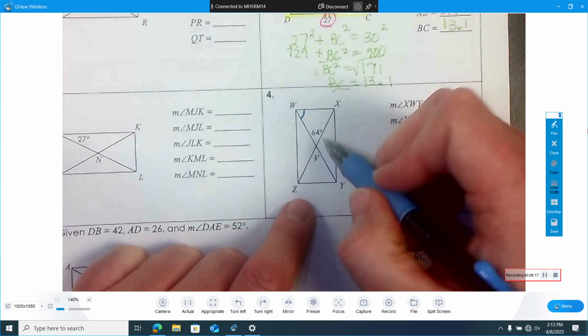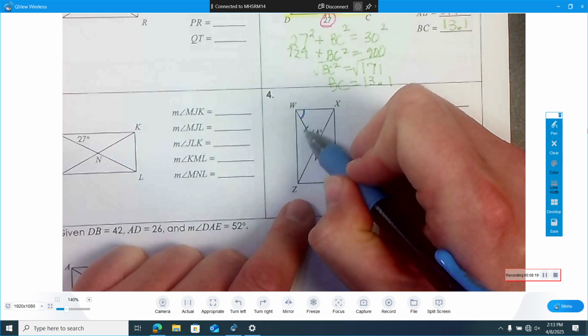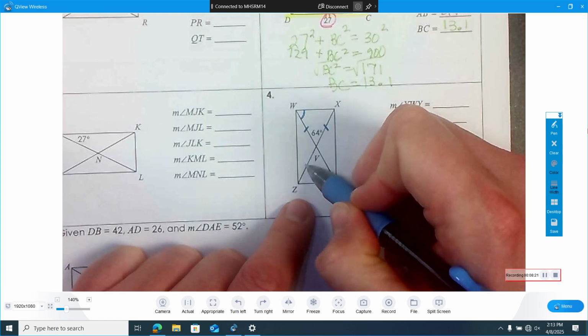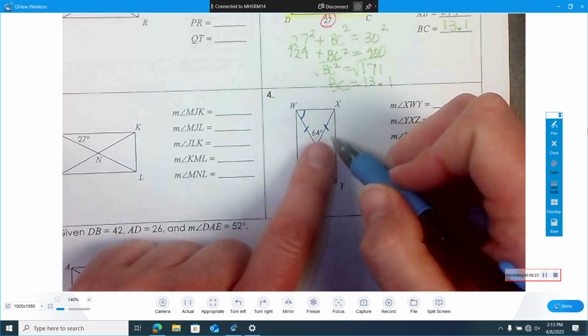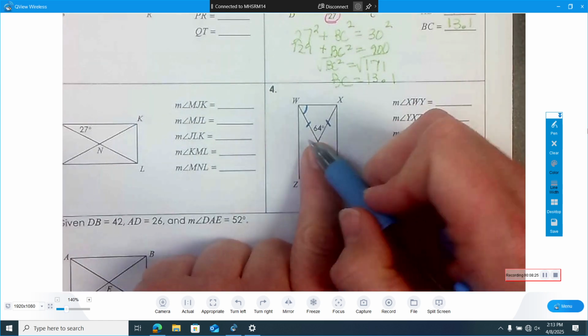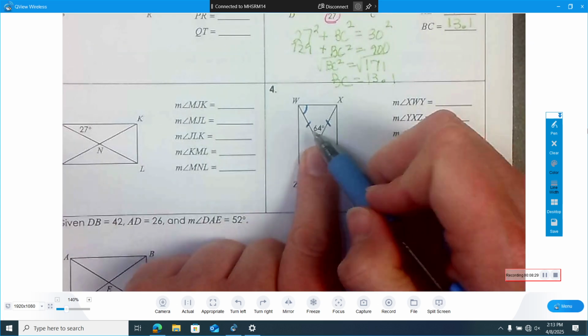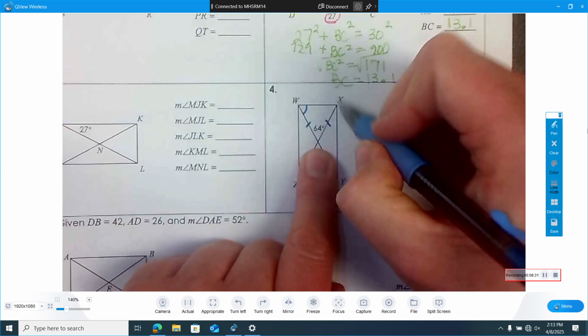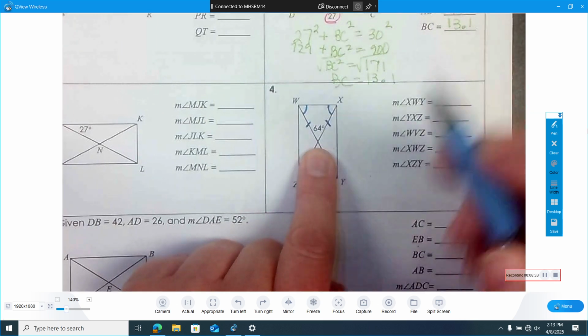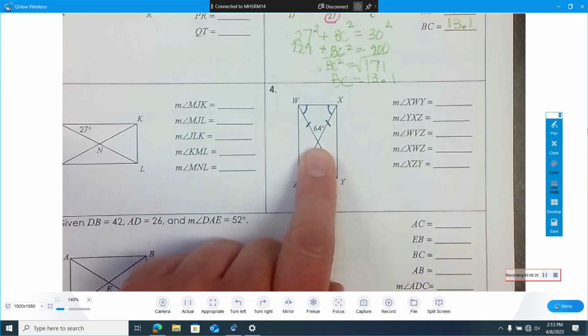Okay. So remember, in our rectangle, these little baby diagonals are all congruent. And so what we have here is this upper triangle is isosceles. We have 2 congruent sides, which means we also have 2 congruent opposite angles.